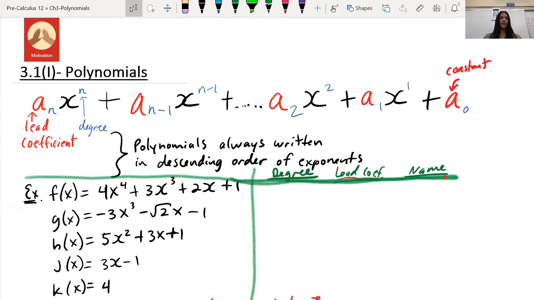So, chapter 3 on polynomials, we'll start with review as usual, but if we take a look at this equation that I am putting a star beside at the top here, you will notice that I've tried to color code everything so it's easier for you to understand and to follow along. Everything that's in red is the coefficient.